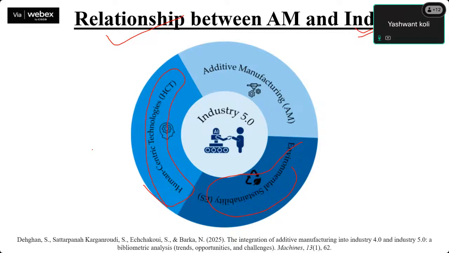That holistic approach connects AM with human-centric technologies, that is HCT. That is the most viable term in this relationship. HCT, that is human-centric technology and environmental sustainability. Both are very important as we connect with Industry 5.0.